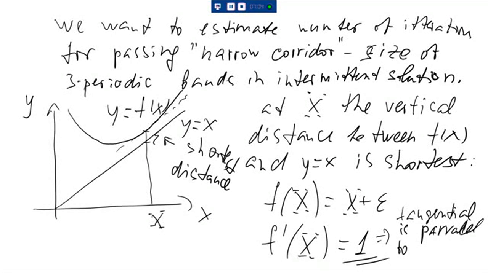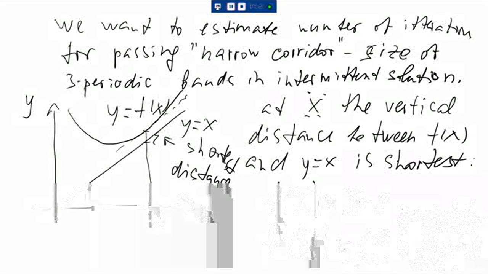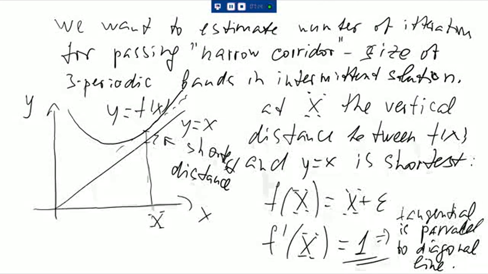If it's not parallel, then at this point the distance between y equal to f of x and y equal to x wouldn't be shortest. I take it you understand why it should be equal to 1.